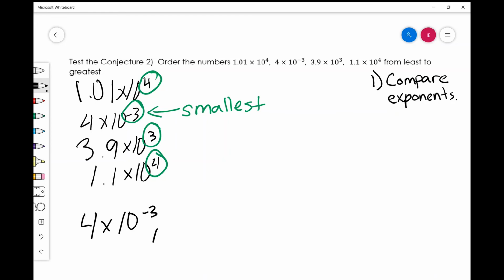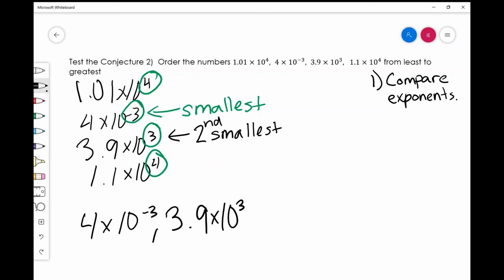After that, I have 10 to the 3rd. That's the second smallest. So I know that after 4 times 10 to the -3, in my list, I'm going to have 3.9 times 10 to the 3rd power.